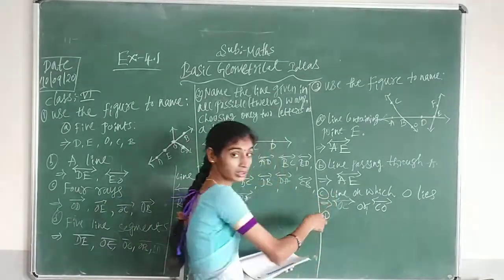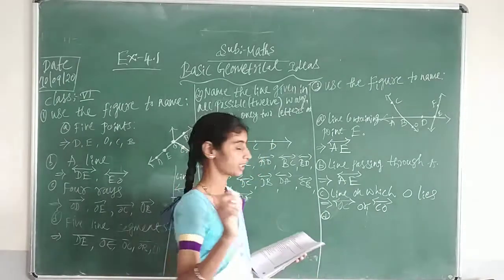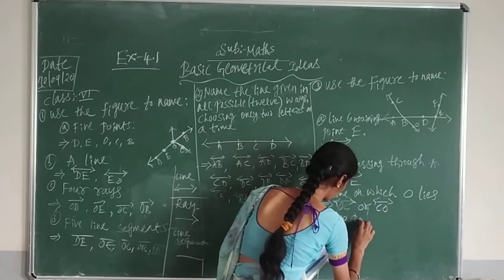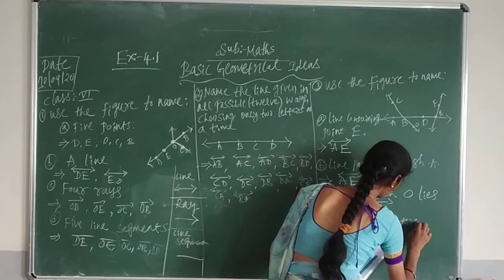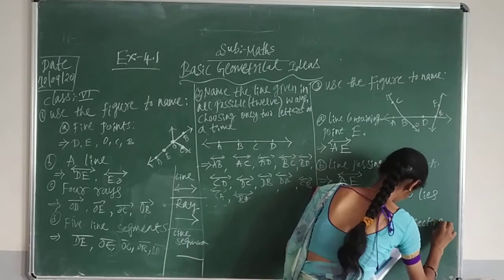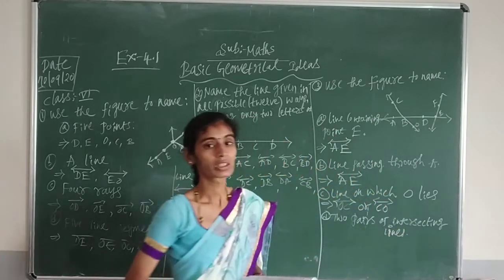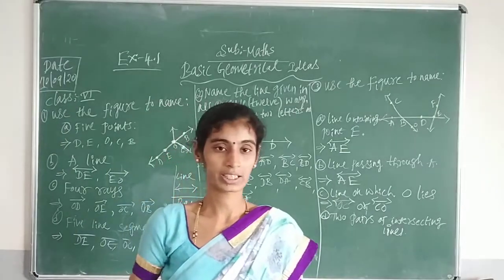Next, last question. In third question, last sub question, two pairs of intersecting lines. So before going to solve it, first you should know what do you mean by intersecting line.